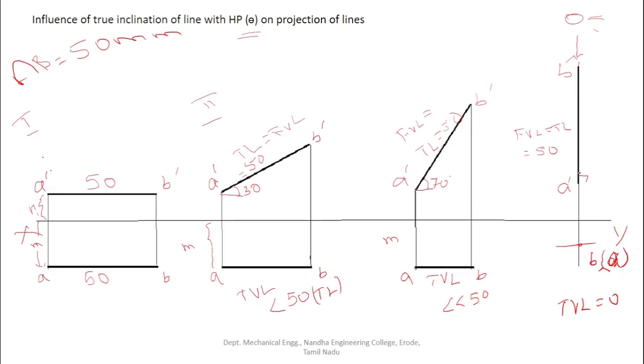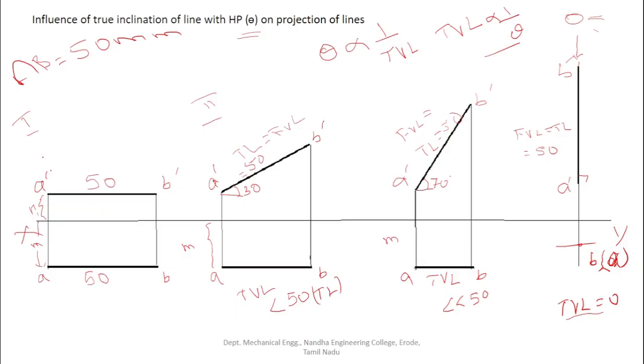When the line makes 90 degree to the HP, the entire line length vanishes, and the top view length becomes 0. So theta, the true inclination of the line with the HP, is inversely proportional to the top view length. Or on the other hand, the top view length is inversely proportional to theta.